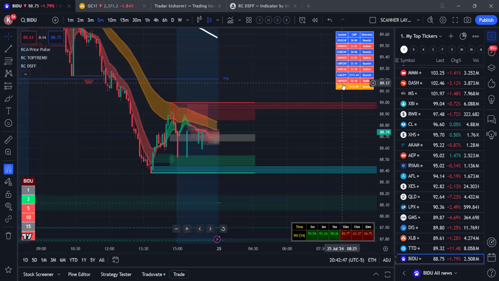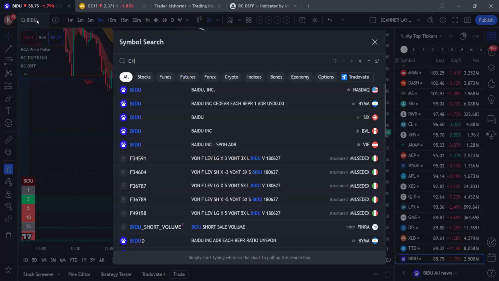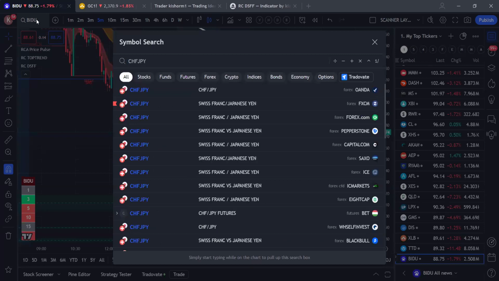You don't have anything in green color. You have blue color, red color, but nothing in green. But CHFJPY is bearish and in the orange color. So let us go to CHFJPY.